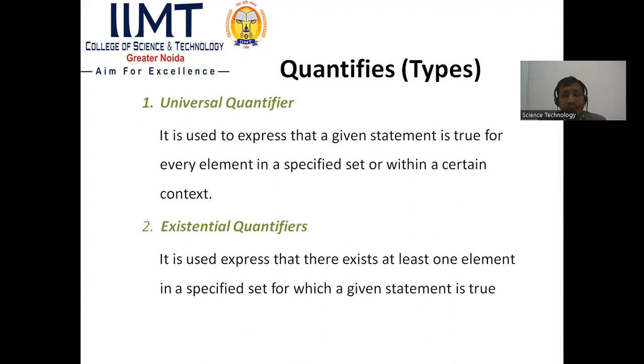The universal quantifier is used when all elements satisfy the open statement or formula. And the existential quantifier is used when not all elements satisfy, but some elements satisfy the open formula.